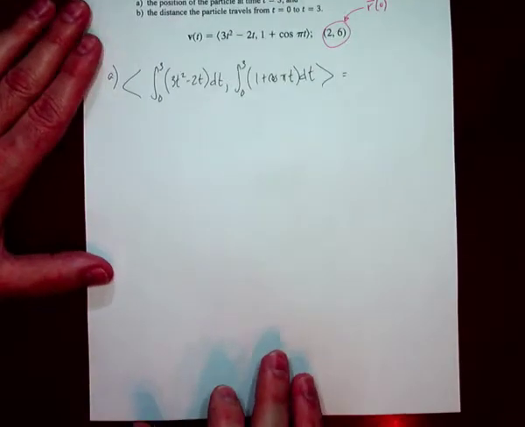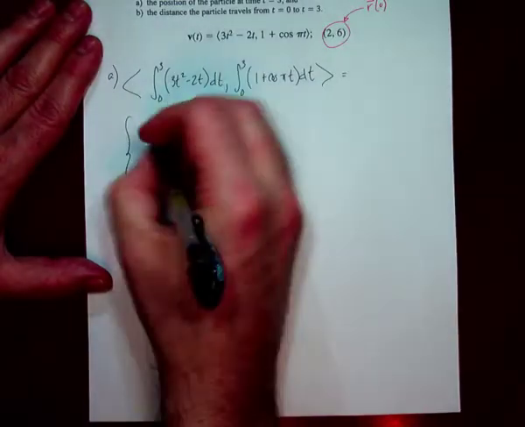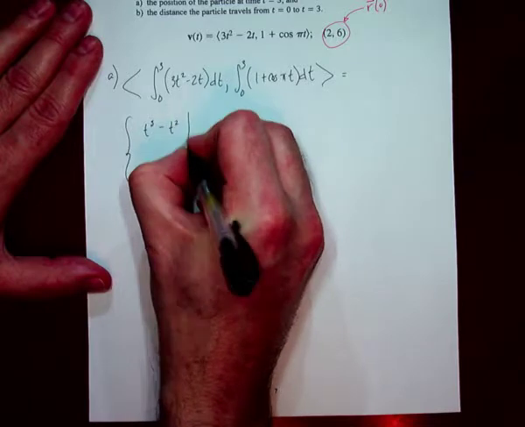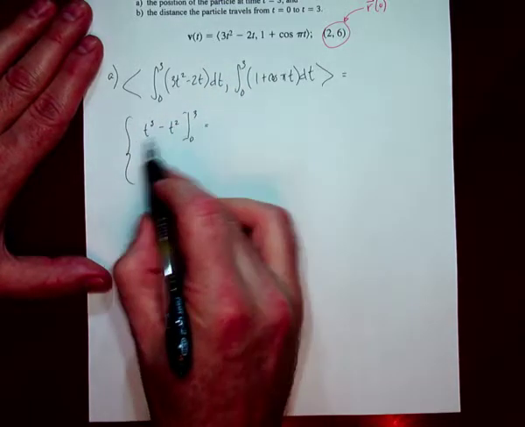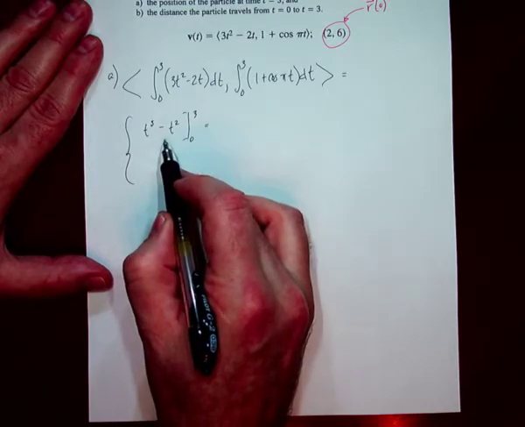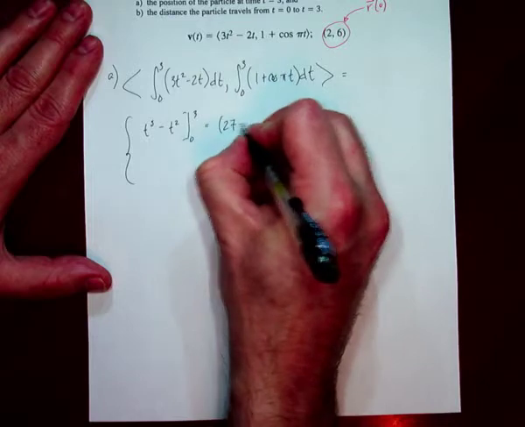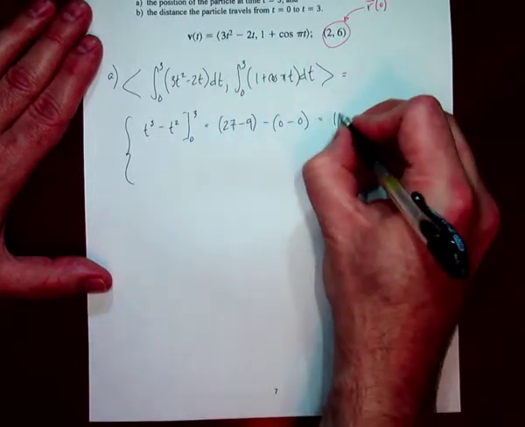Now, let's sort of separate them out. And we know that this first one is going to wind up being t cubed minus t squared, and I'm going to be evaluating from 0 to 3. That's going to be 3 cubed minus 3 squared, so it's going to be 27 minus 9, which is 18. So 27 minus 9 minus 0 minus 0, so that's going to be 18.